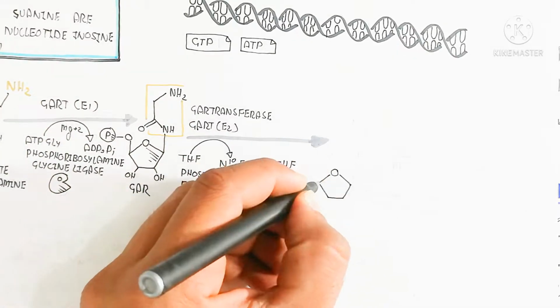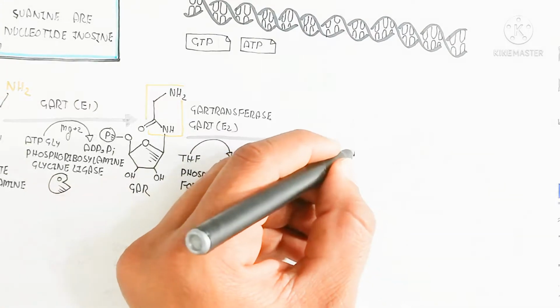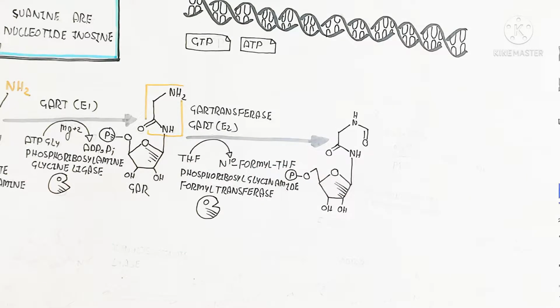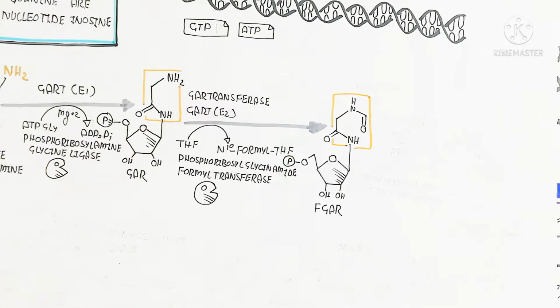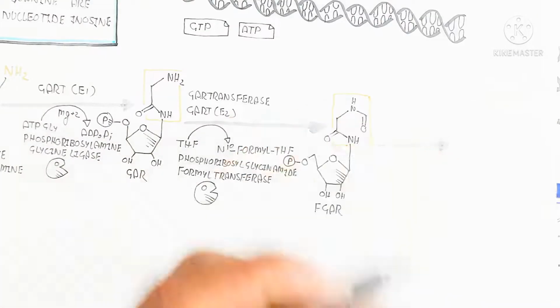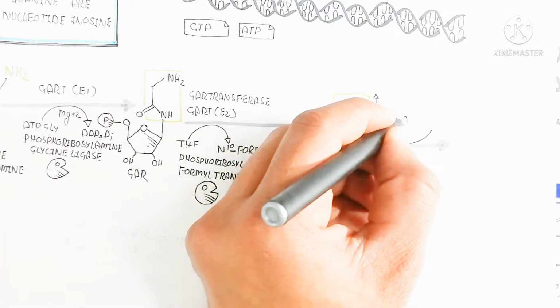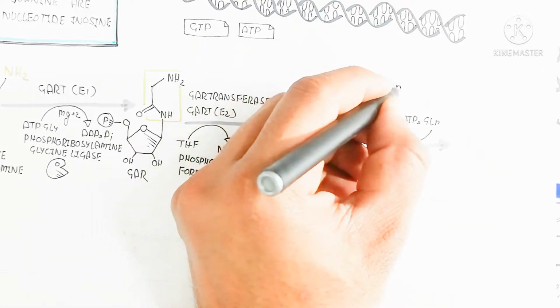In this way the phosphoribosylglycinamide formyltransferase enzyme is used to produce formylglycinamide ribonucleotide, the FGAR. This FGAR means the formylglycinamide ribonucleotide formation, and here you can see water and ATP.